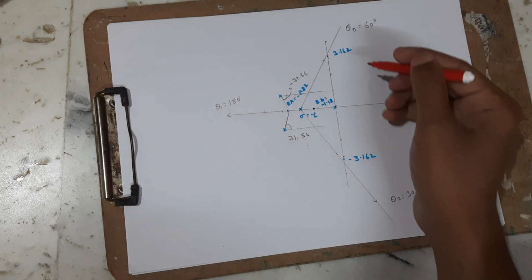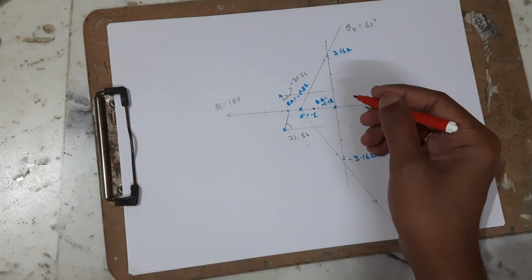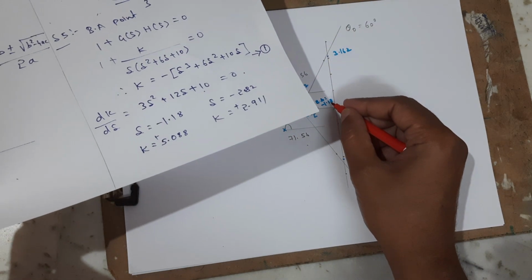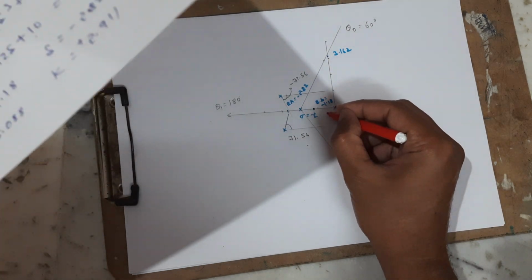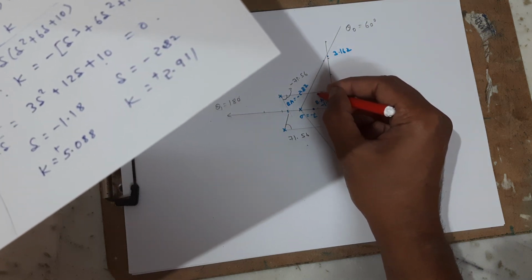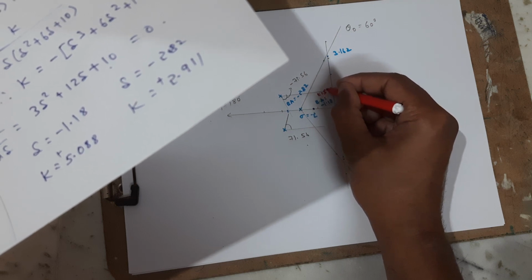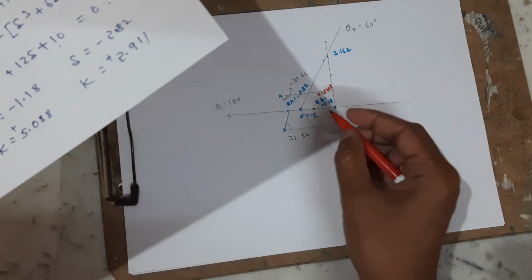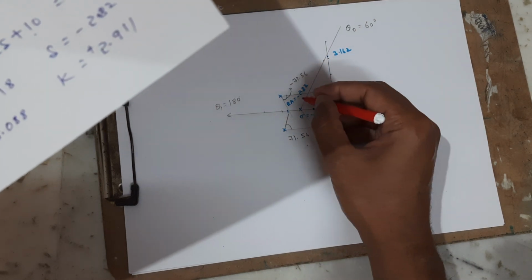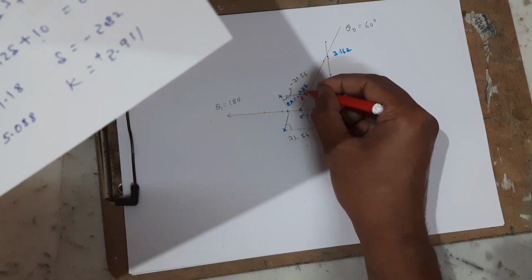Okay, so at this value, what is the value of k when s is equal to minus 1.18? The k value will be equal to 5.088, and at this point the k value is equal to 2.911.